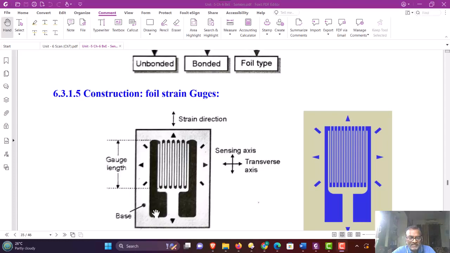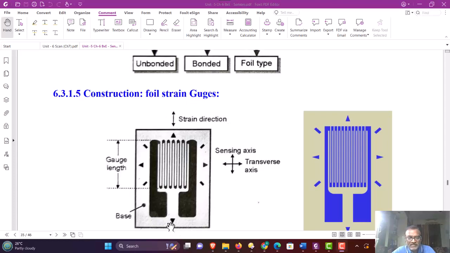So here this metallic structure is printed, and this zigzag wire is shown here. Here the gauge length is shown in the figure, and the direction of applied strain is also shown.